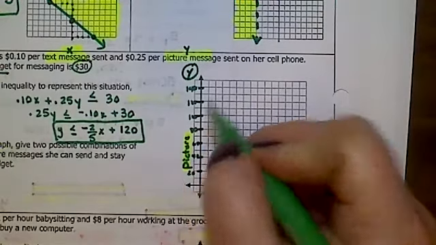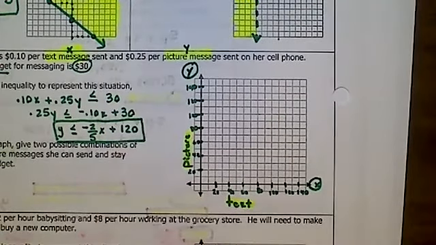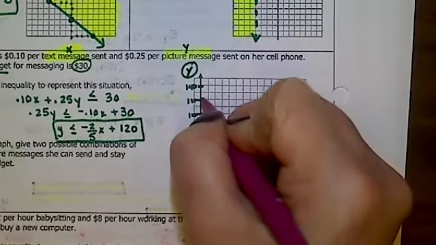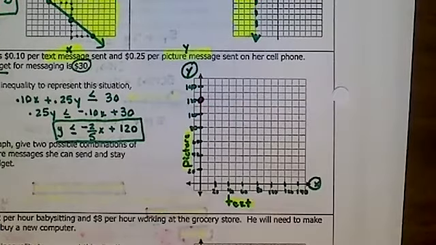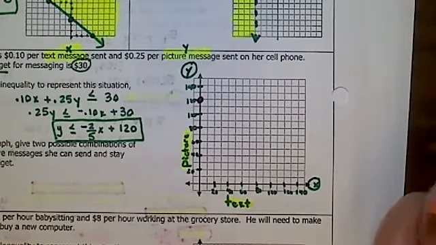So that way I could start at 120. So I'm going to start at 120, and then I'm going to go down 2, and right 5.